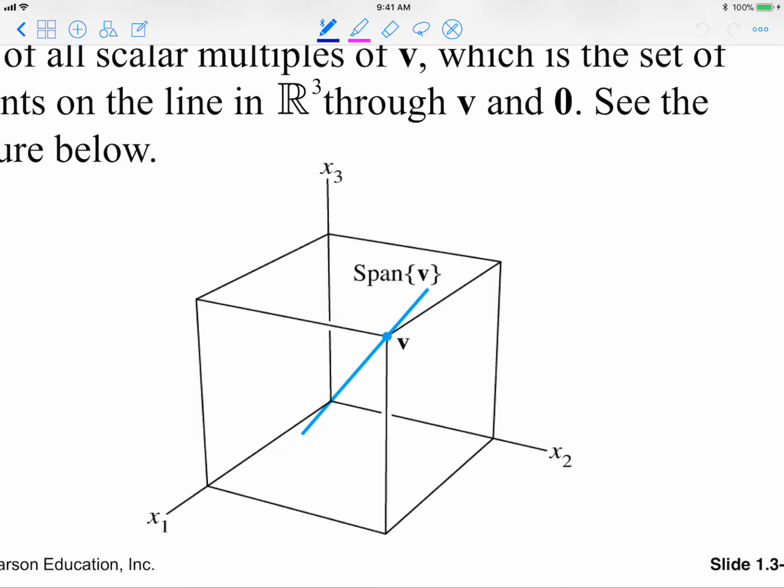Suppose we have some vector like v as 1, 1, 1. It is the point in three-dimensional space that has these coordinates of 1, 1, 1. And then we can also think of the span of v, which is our single given vector.